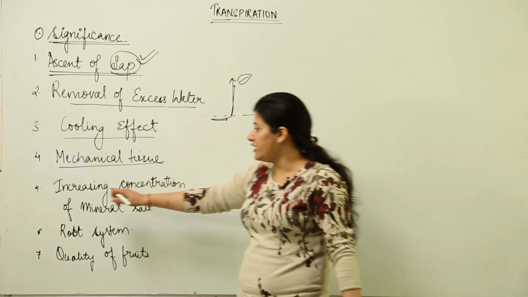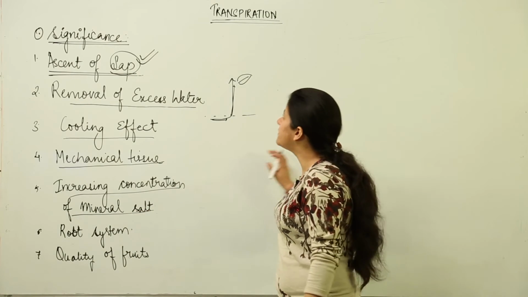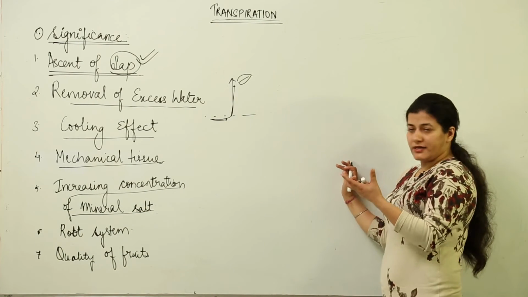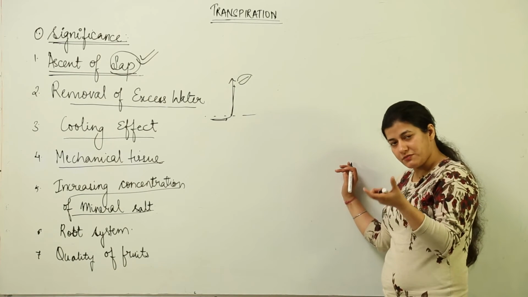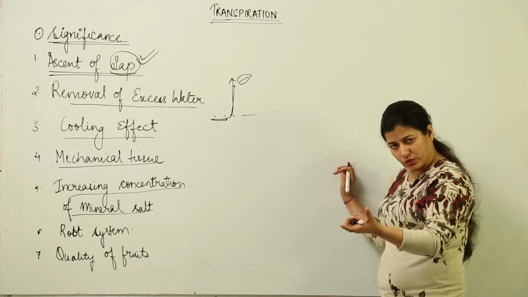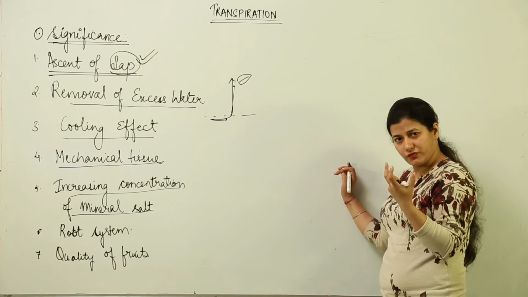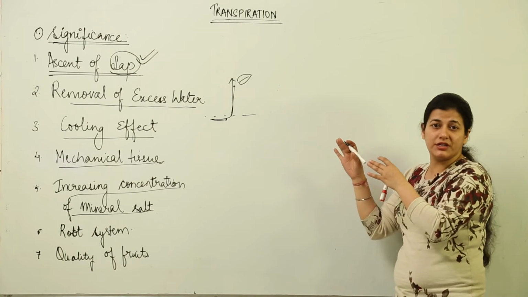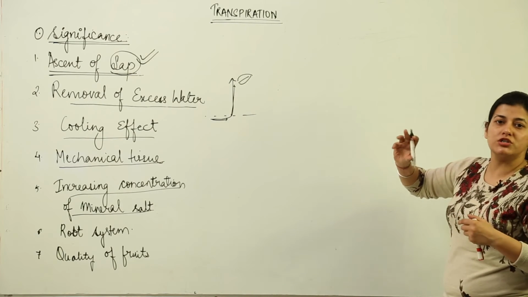Moving further, we have increasing concentration of mineral salts that is brought about by transpiration itself. You know that inside the sap there is a much lesser quantity of minerals, because minerals are always lesser in quantity inside the plant. They are much more in the soil, and the plant can take up only a small amount of mineral concentration. On the contrary, there is so much water absorption that the sap becomes almost diluted.